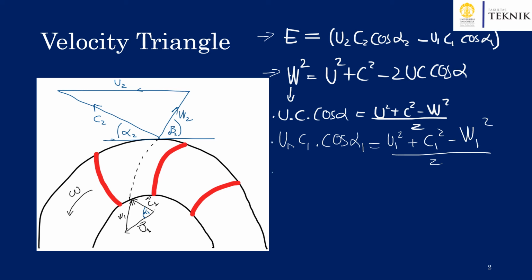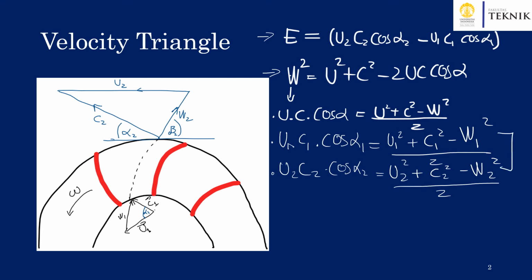And for the outlet conditions, u2 multiplied by c2 multiplied by cosine of alpha 2 is equal to u2 to the power of 2 plus c2 to the power of 2 minus w2 to the power of 2, divided by 2.